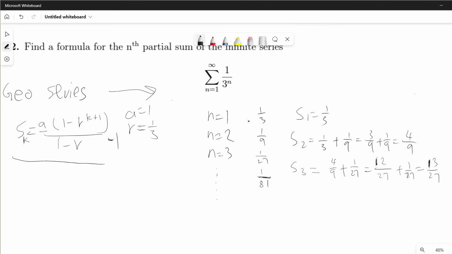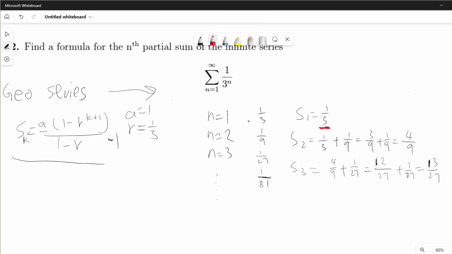You write a few, and what I kind of see is that whenever I have, let's say, S1, the denominator is 3, which is 3 to the whatever partial sum, 3 to the n.